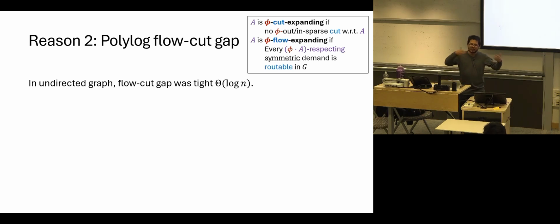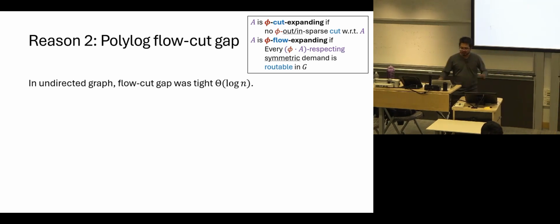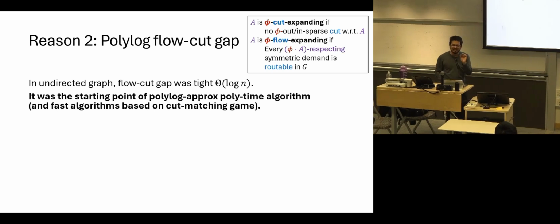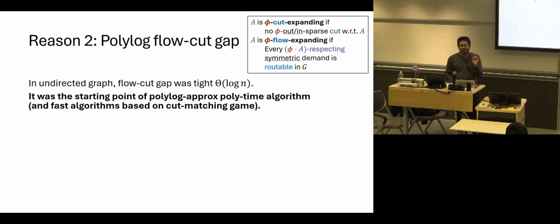And if cut expansion and flow expansion are kind of the same, then it means that you can approximate cut expansion. So bounding the flow-cut gap was basically the starting point that we can hope for a polynomial time algorithm. Throughout the course, we tried to make it fast using the cut-matching game and so on.